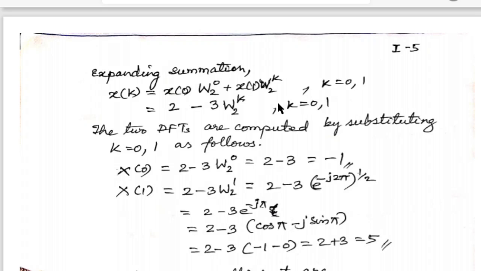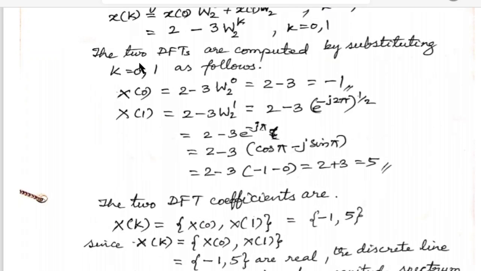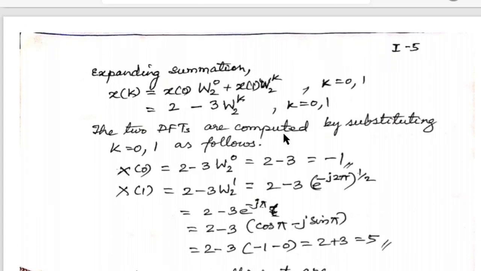So we need to calculate this X of k for k equal to 0 to N minus 1. So the two DFTs are to be computed by substituting k equal to 0 and k equal to 1 accordingly in the expression of X of k.